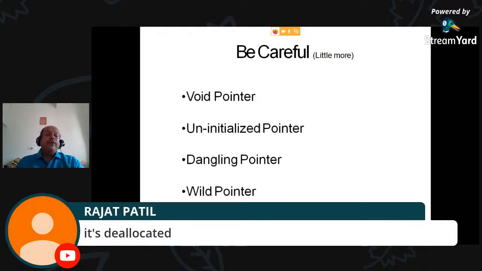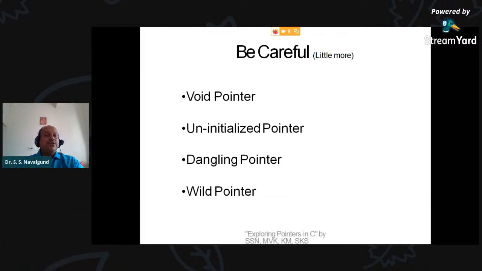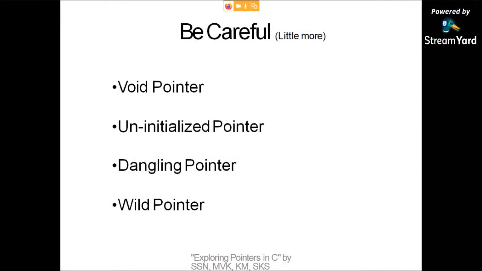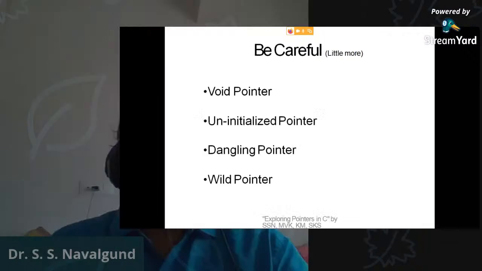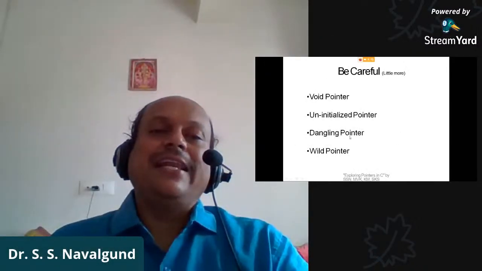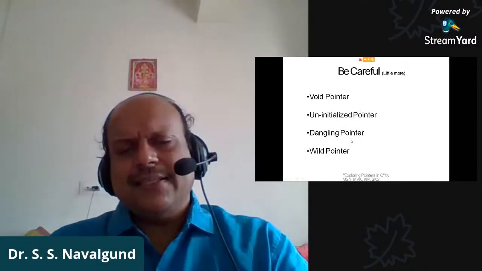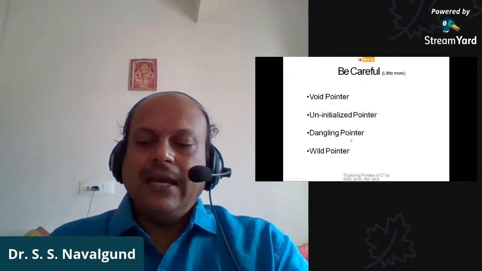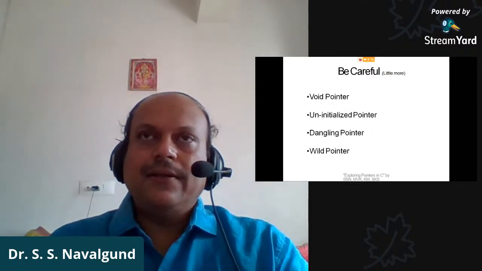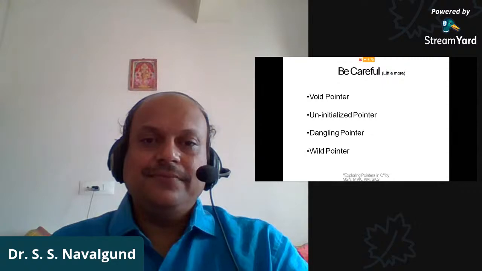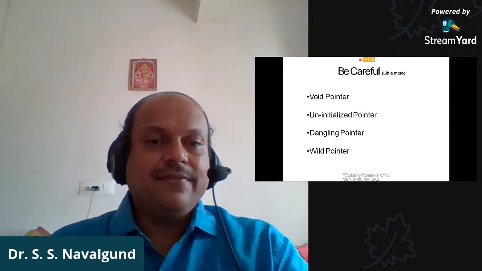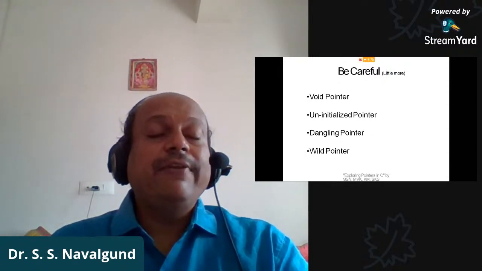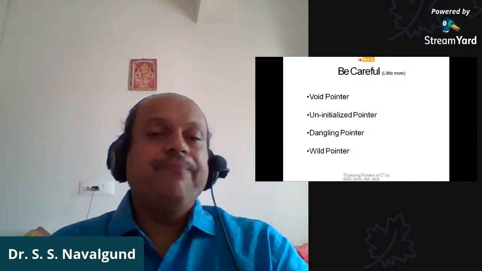Now, due to some circumstances in programming, if that memory location which is pointed to by a particular pointer is not available, then the pointer is called a dangling pointer. The classic case is this. I declare a pointer and I make use of it for dynamic memory allocation, and I initialize it with the set of newly available addresses in memory.